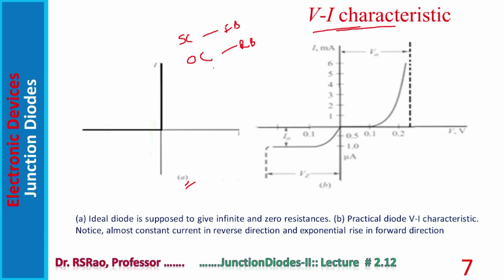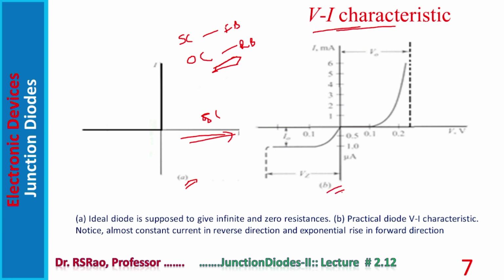They do not exist in the real world. Anyway, the conceptual background of ideal diode is illustrated in diagram A. Positive side, forward biased side, it is zero resistance, short circuit. Reverse bias side, it is open circuit.